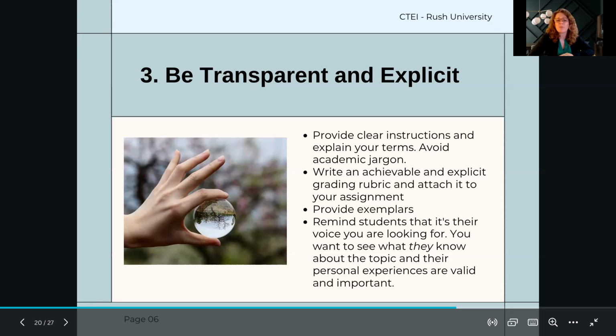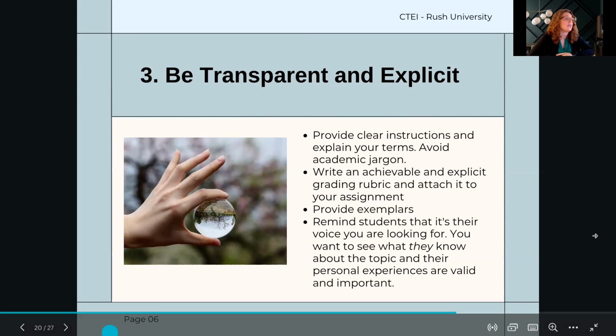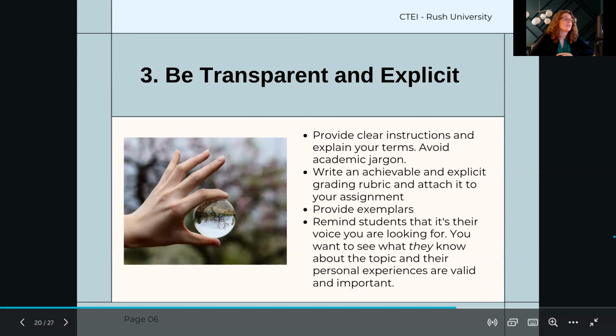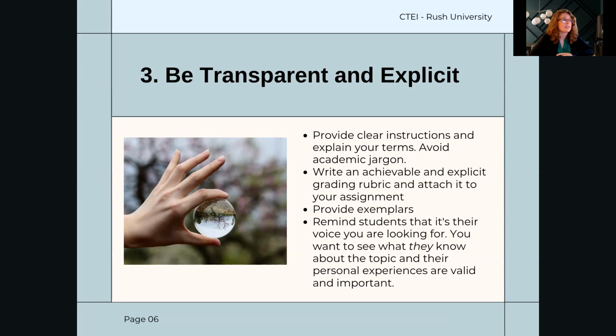Number 3, be transparent and explicit. And that's something that's always good anyway. Much of the motivation for cheating can be reduced by crafting clearly written assignment guidelines. As you've learned, if your assignment descriptions are vague or incomplete, students may likely not understand them and may be motivated to use AI or plagiarize, especially if they're rushing to complete them.